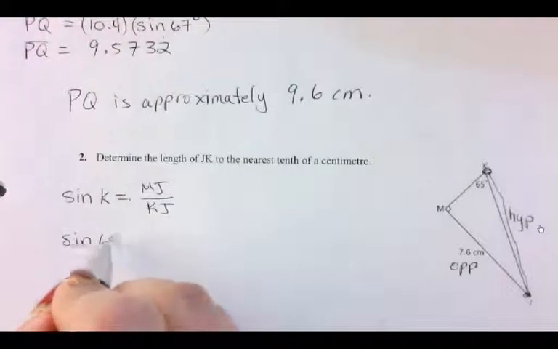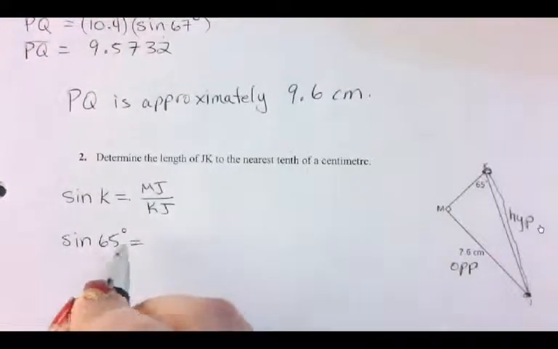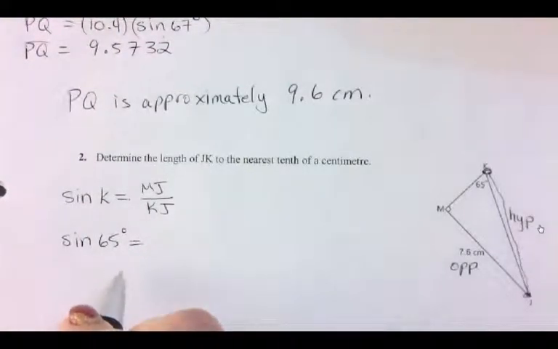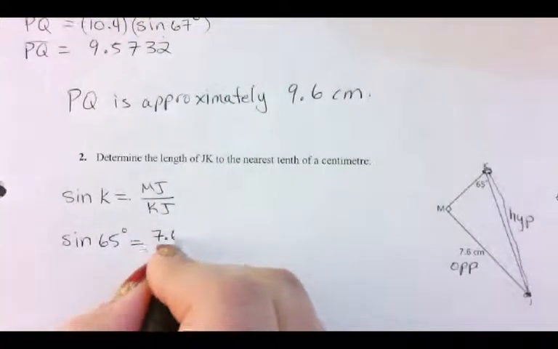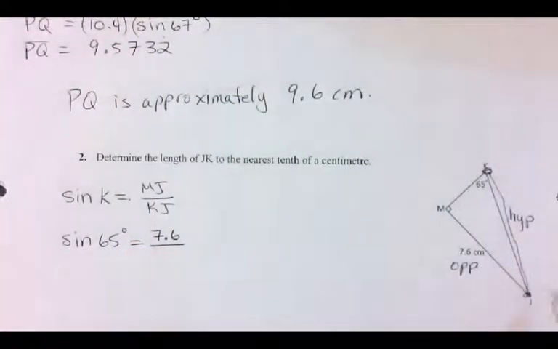Sine of 65 degrees is equal to, does MJ have a number? Yeah, MJ is 7.6. Okay, and then what is the other line? It's KJ. Okay, does it have a number?